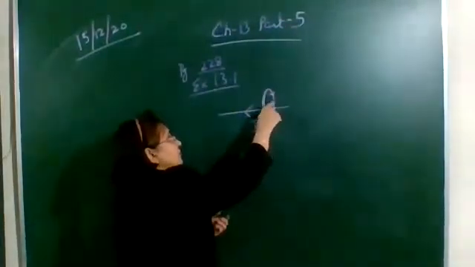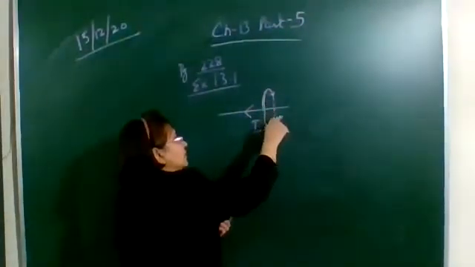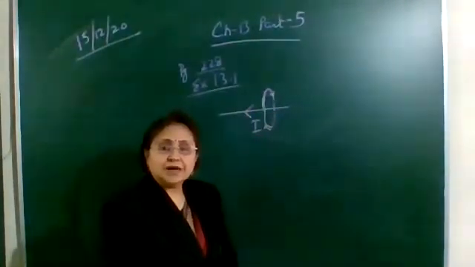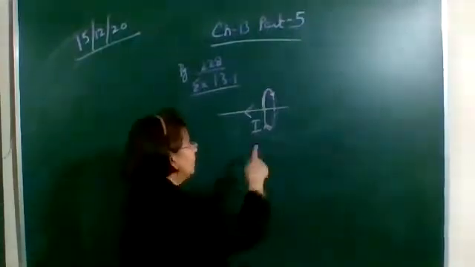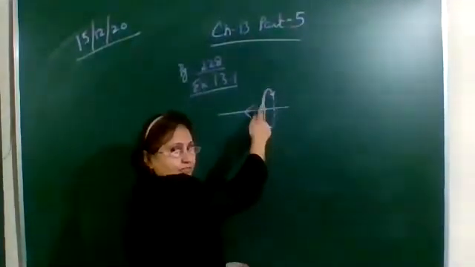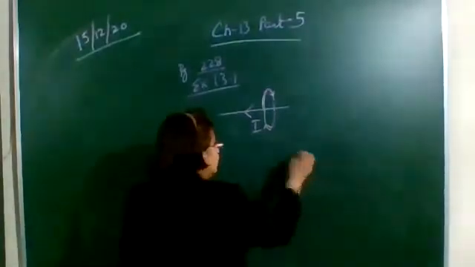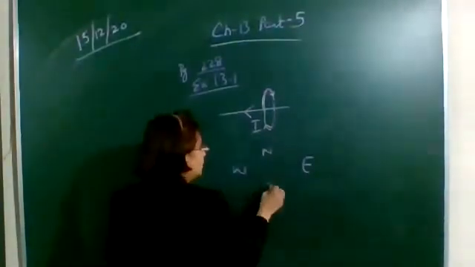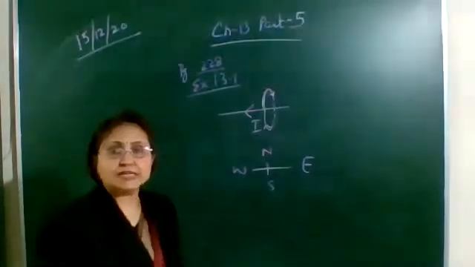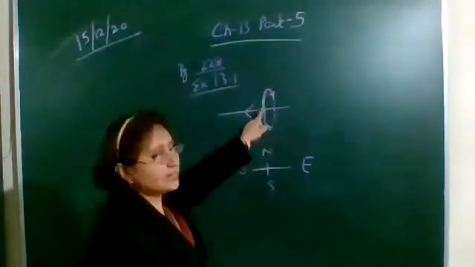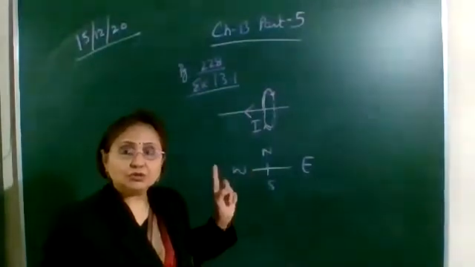Here is the direction of the magnetic field line. Below, you can see the directions east, west, north, south. Below the wire, the magnetic field lines are moving from north to south.